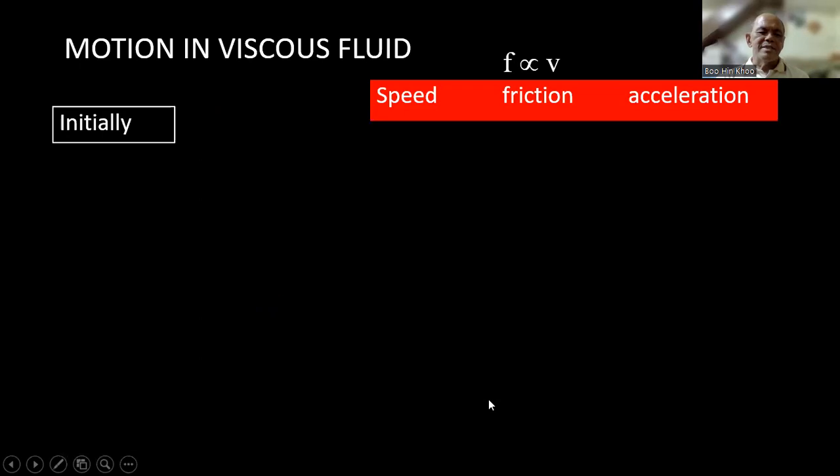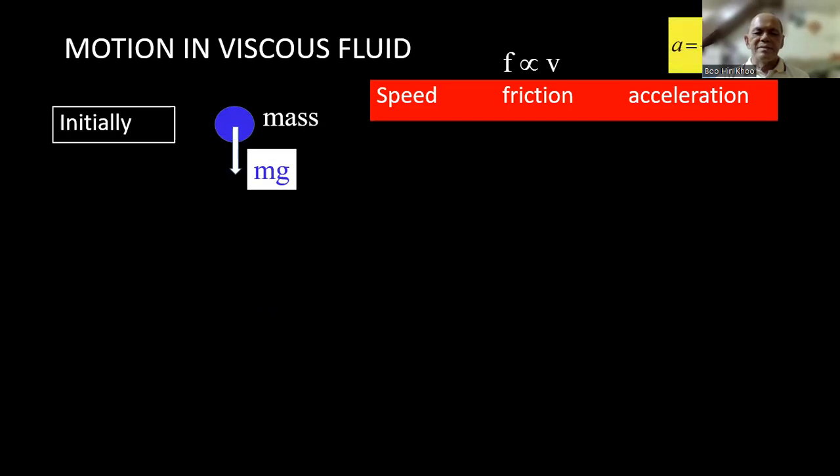Okay, let's summarize in a table. Initially, there is the mass and the weight, and there's the formula that we just derived. It has zero speed, so it has no friction, because friction depends on the speed. Acceleration is g.